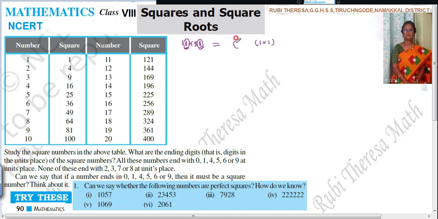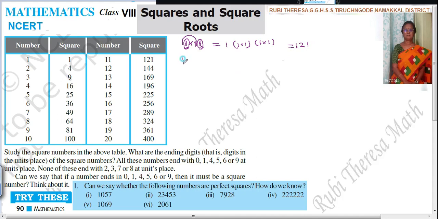Next you add the same numbers in the unit places: 1 plus 1. Then you multiply the two numbers in tens place: 1 into 1 is 1. That is 1, 2, 1.